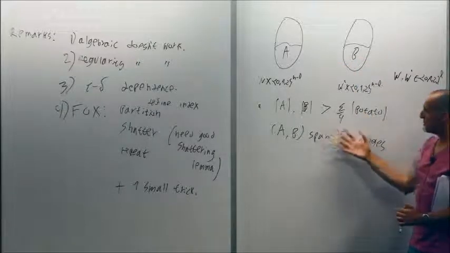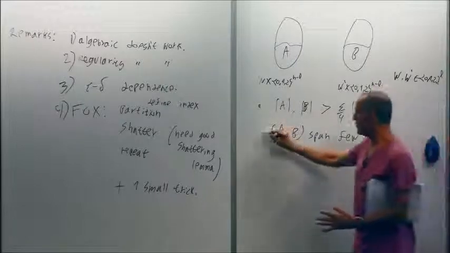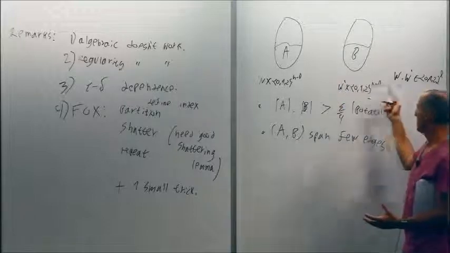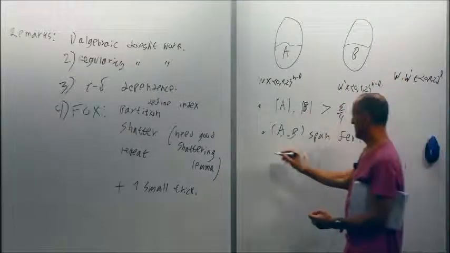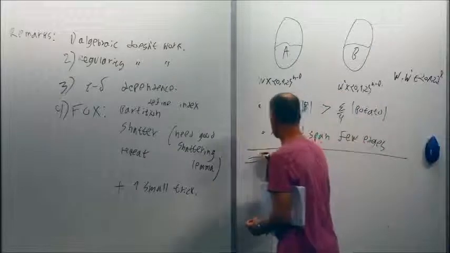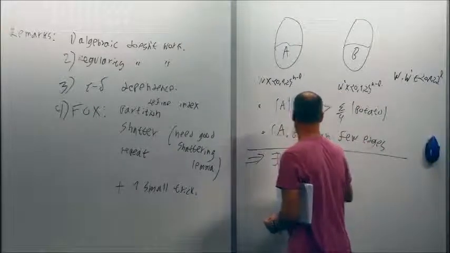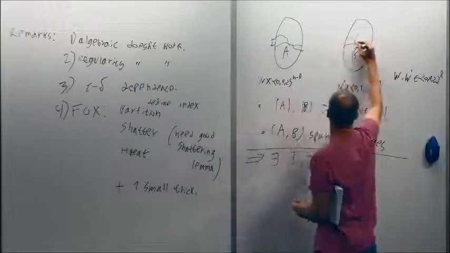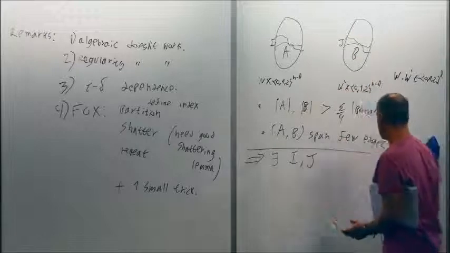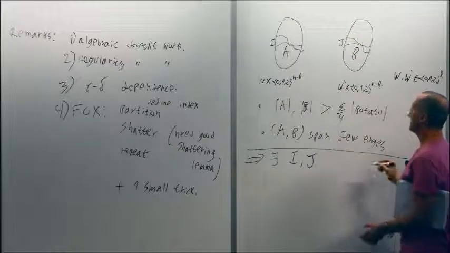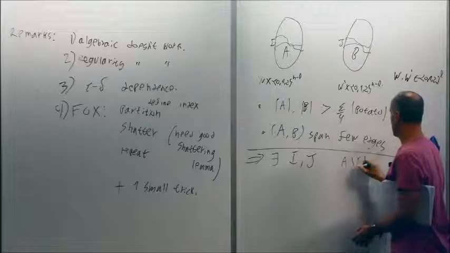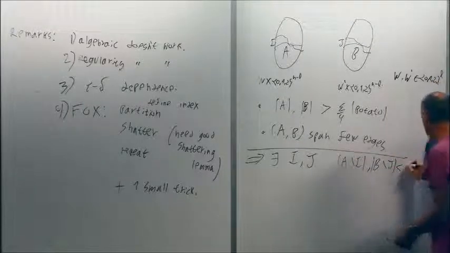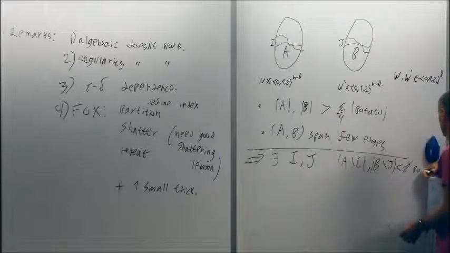So the conclusion is that there are some new coordinates out of these n minus L coordinates. There's a junta among these coordinates which explains what happens. So the conclusion is that there exist I and J, such that I and J almost capture A and B, so the size of A minus I and B minus J are less than, let's say, even epsilon cubed times the size of a potato.